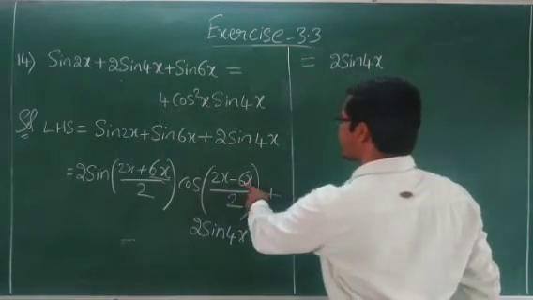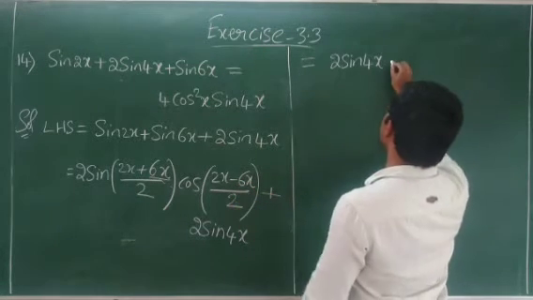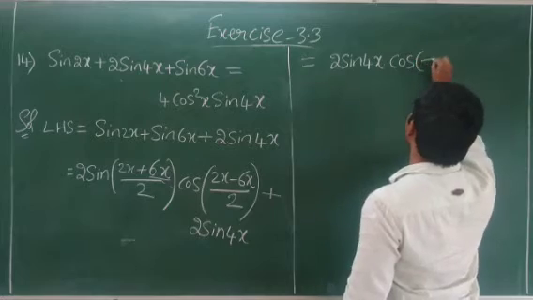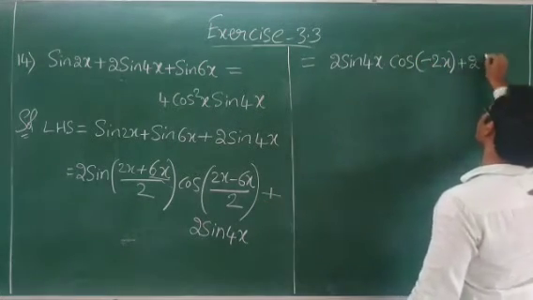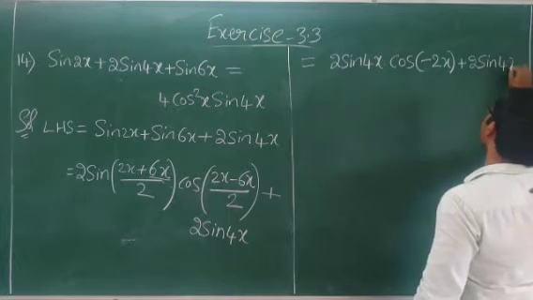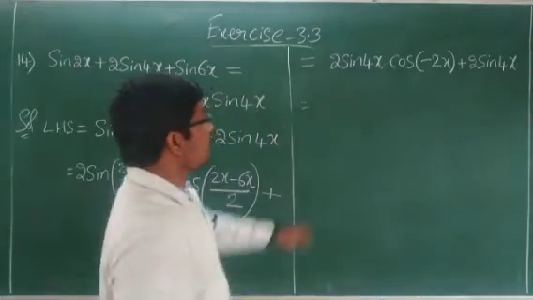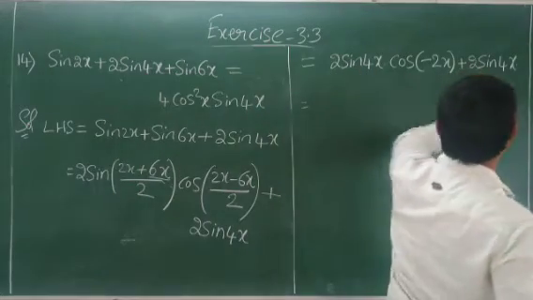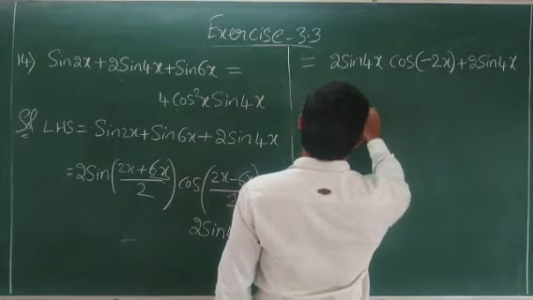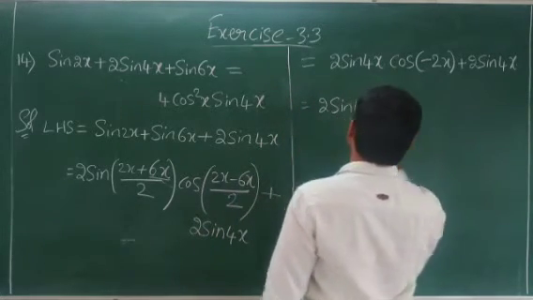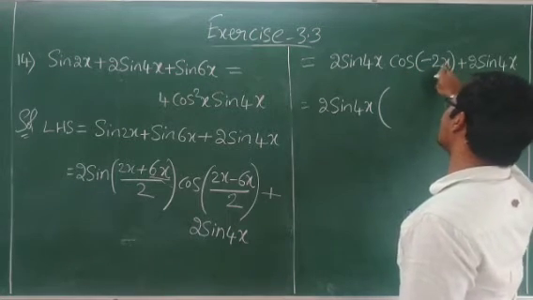This is 2x minus 6x, minus 4x, minus 4x by 2 is minus 2x, so we get cos of minus 2x, plus 2 sin 4x. Now you can observe, here we have 2 sin 4x, here also we have 2 sin 4x, so we can take 2 sin 4x common, then the remaining will be cos of minus 2x.